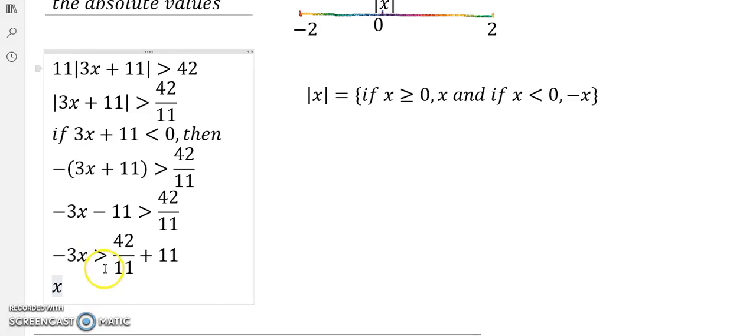So the inequality here will be less than, and we get x less than negative 163 divided by 33. Yeah, that's it for this video.